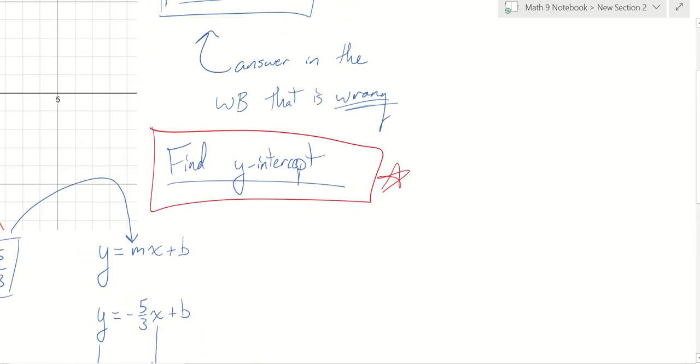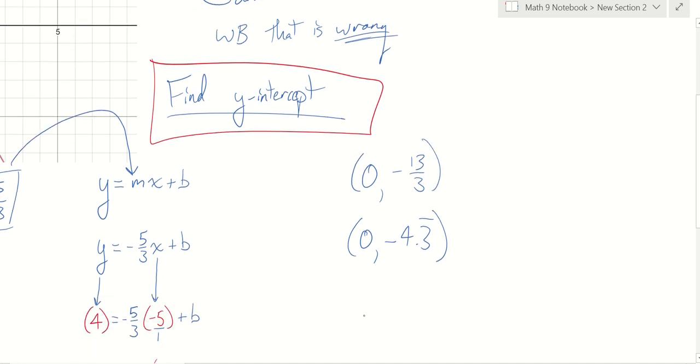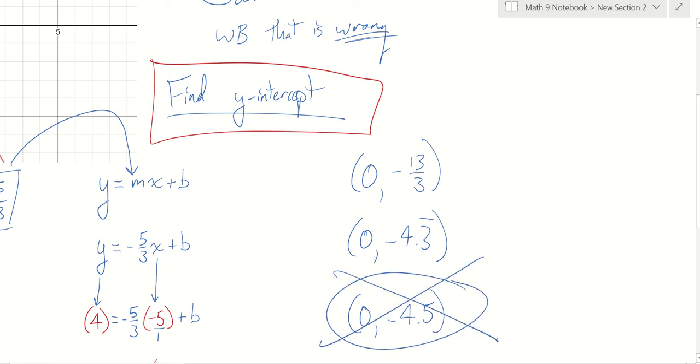So here we can say, what is the y-intercept? Well, the y-intercept is at 0 and negative 13 over 3. If you want to put that into a decimal, you could say it is 0 and negative, what would that be, 4.3 repeating. So totally up to you whether or not you want to write this as a fraction or as a decimal, but it is clearly not at 0 and negative 4.5 like the workbook claims it to be.